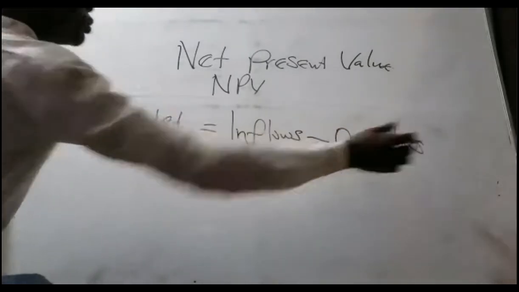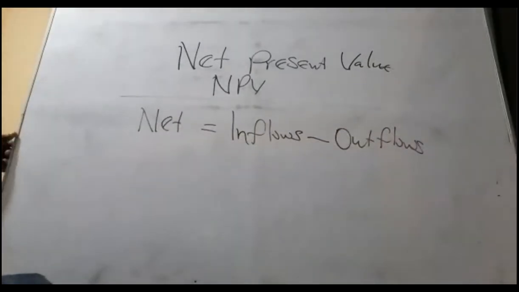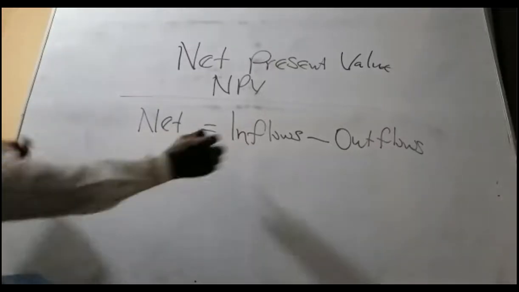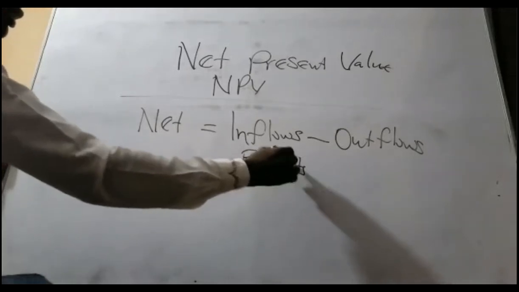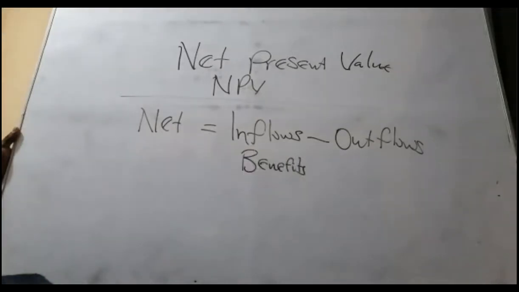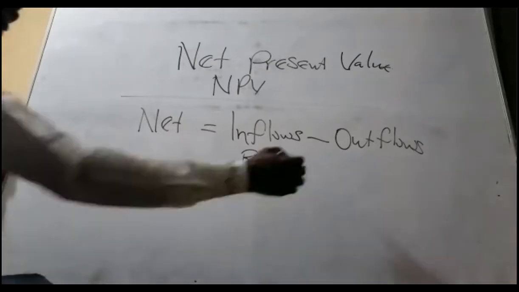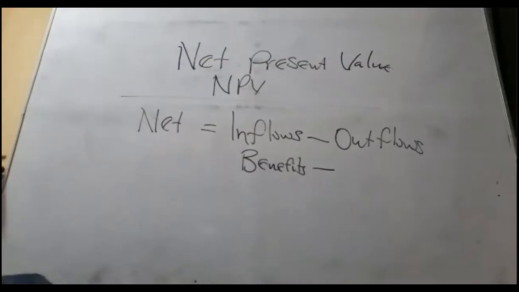All the benefits that the project will generate, put on one side. These are the benefits, the receipts or your revenue, less the sacrifice that you have to make. So putting it together, that's what I mean by net.